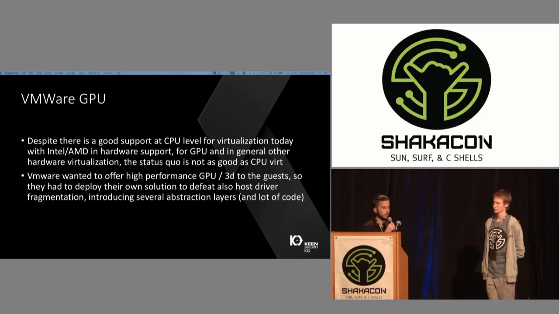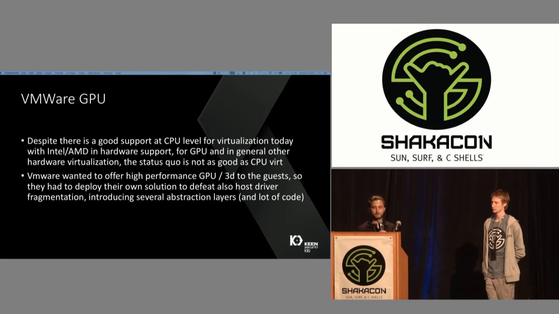But for GPU, maybe you can leverage VT-d or some other new technology, but the support is not so good. So in order to offer good 3D performance and good general performance in graphics, VMware had to virtualize the GPU and offer basically a fake graphics card inside of the VM.